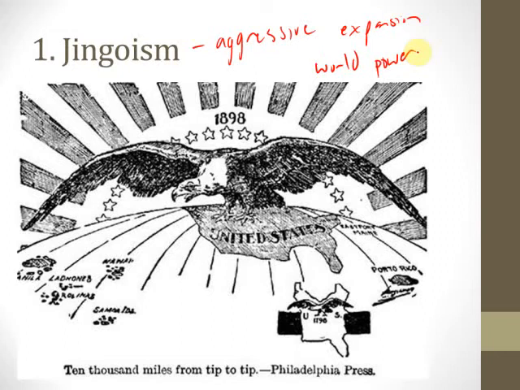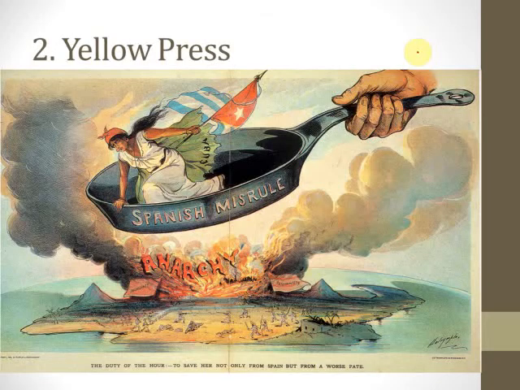Another major reason, folks, the yellow press. We talked about this before. But the yellow press was another major reason why we decided to go to the Spanish-American War. And what happened here are two things. Number one, it promoted war fever with Spain.